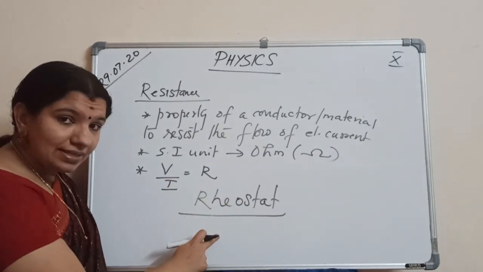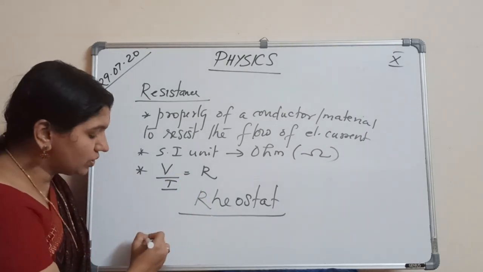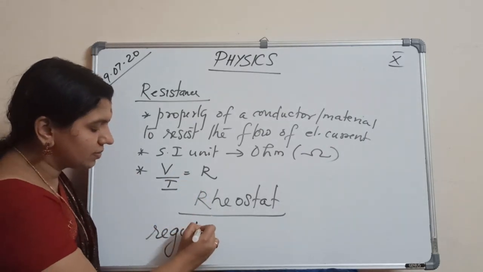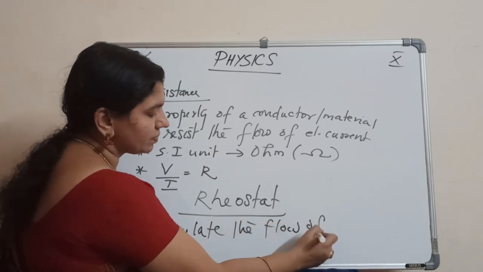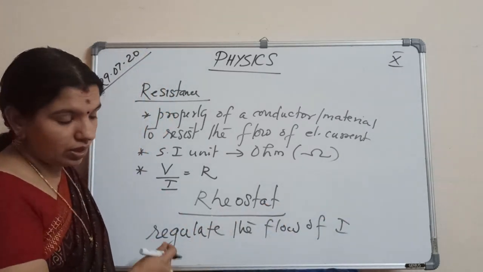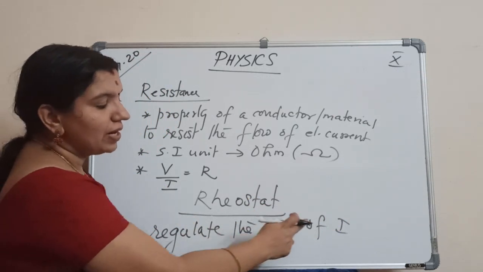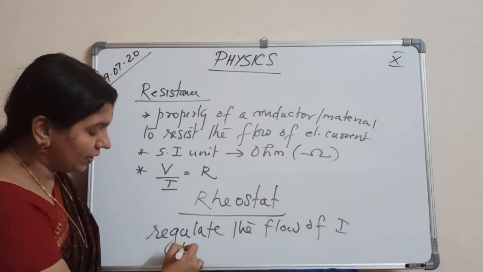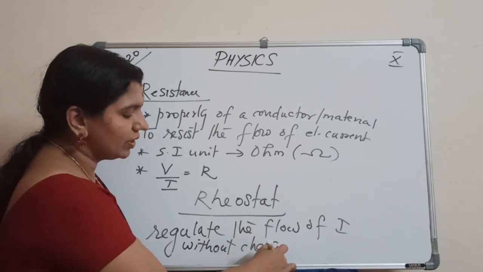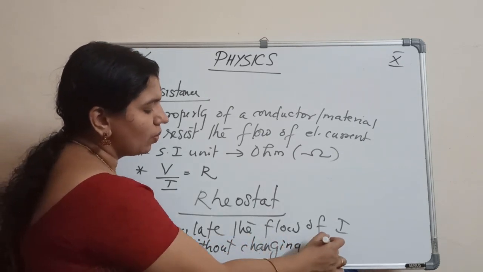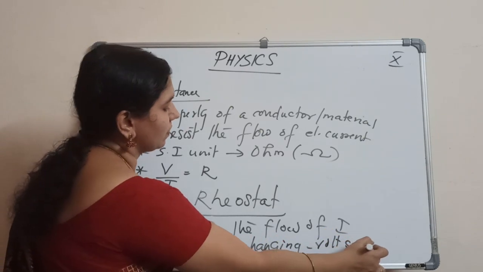So rheostat is the device which is used to regulate the flow of current in a circuit without changing the voltage source.